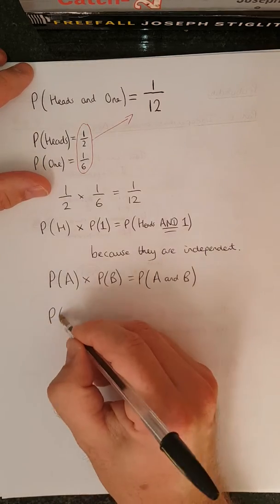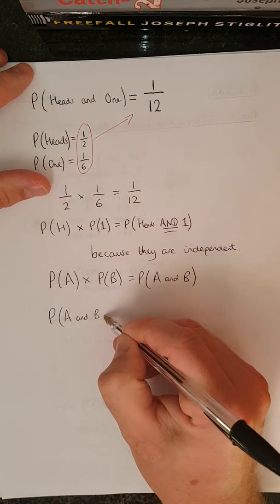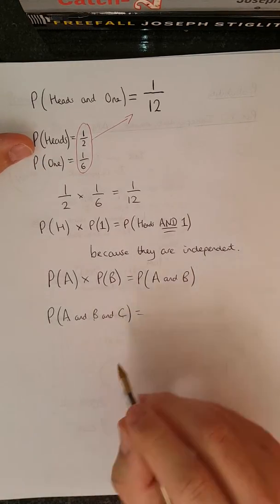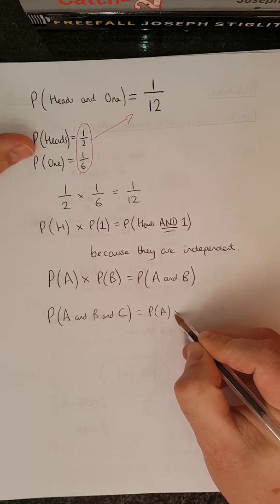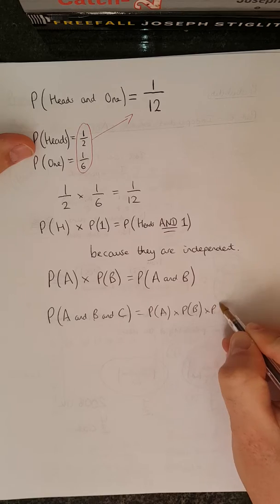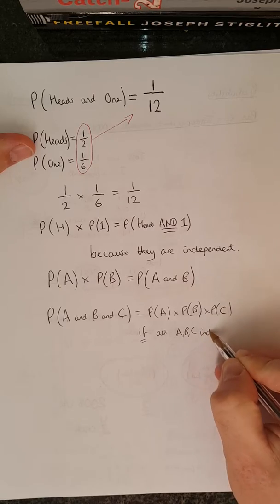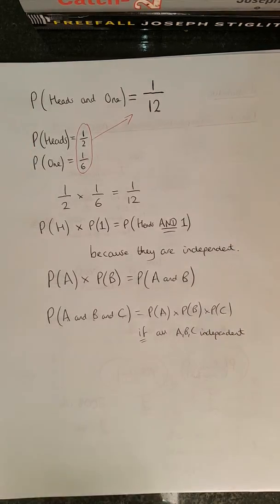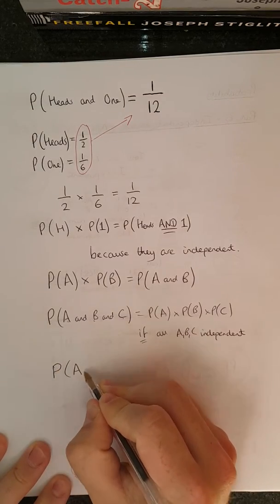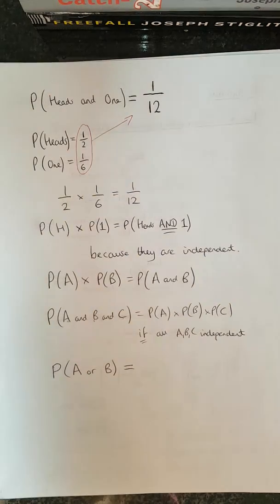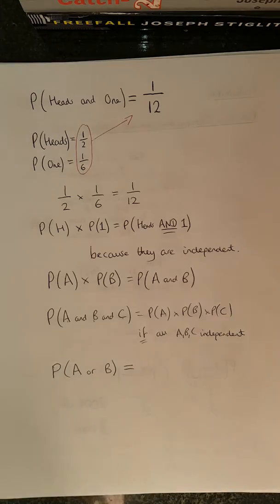We could use that to then say the probability of A and B and C, if these 3 events are all independent, is this. Before we saw this, back earlier on in part 3.